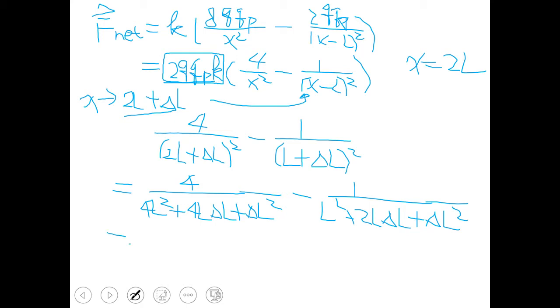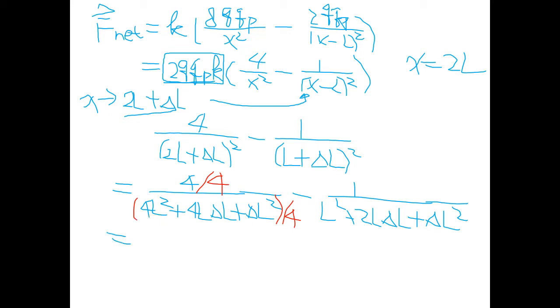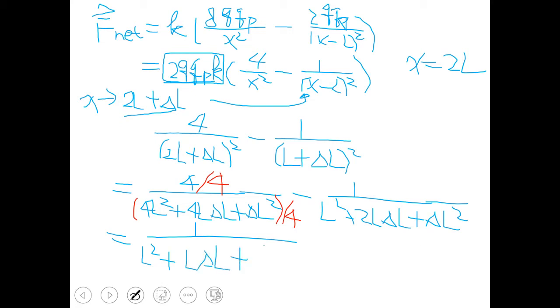Then we divide 4 by 4, so that it will become something like 1 over L squared plus L delta L plus delta L squared over 4, minus this one, which is the same.